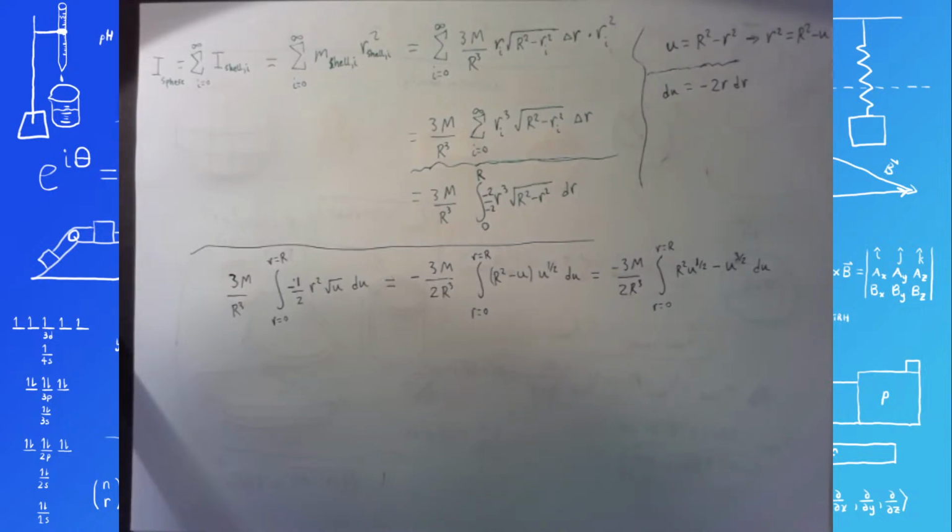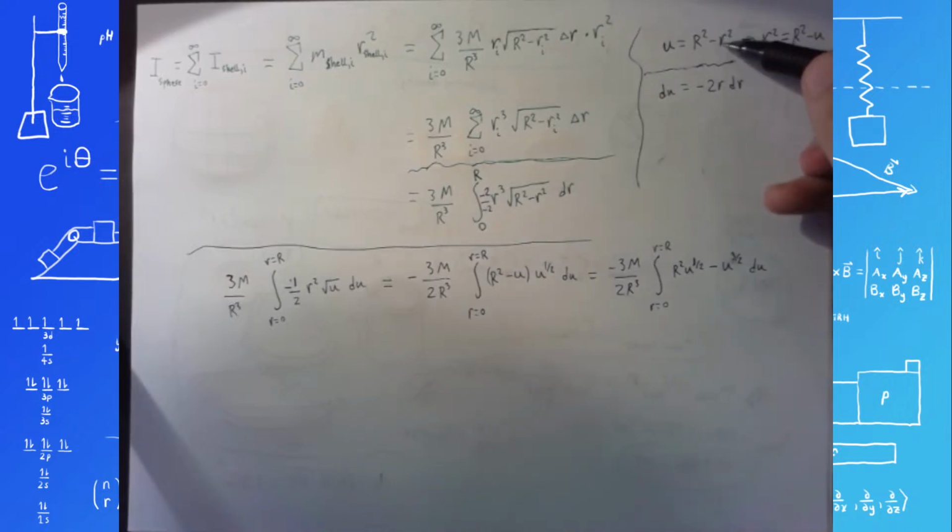So I could do that, keep it in terms of u. Or I can just integrate this in terms of u and then go back and rewrite it in terms of r after I'm done integrating, which is what we did last time. Either method should lead to the same result.